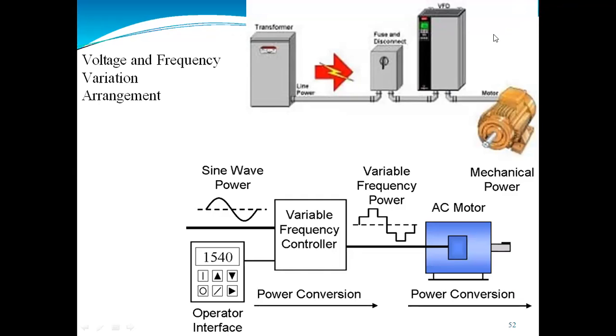If we disconnect it, we will not get electricity. So when we are supposed to change the voltage and frequency of the three-phase induction motor, at that time we can use a voltage frequency controller to change that value.